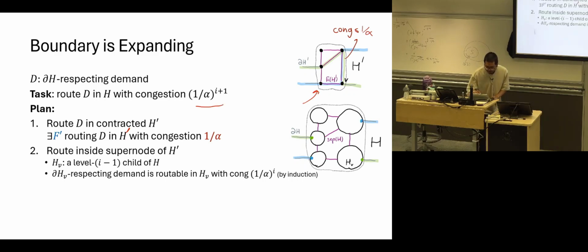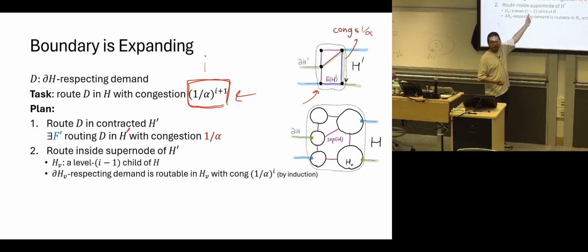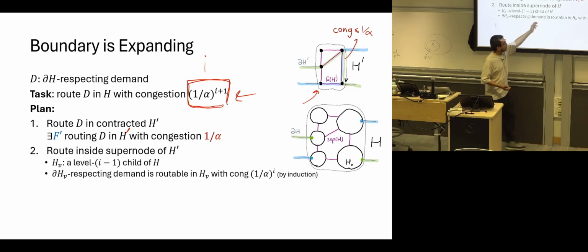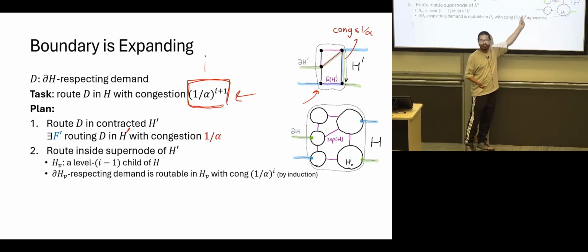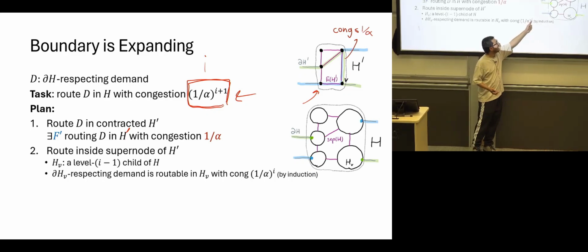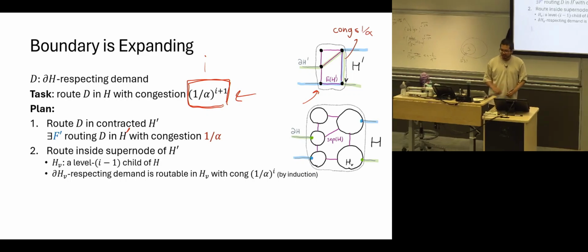This is our proof that at level I you need this congestion, and I use proof by induction. So for the level below, I minus 1, I just need this congestion, so 1 over alpha to the I plus 1 minus 1. This is just by induction.